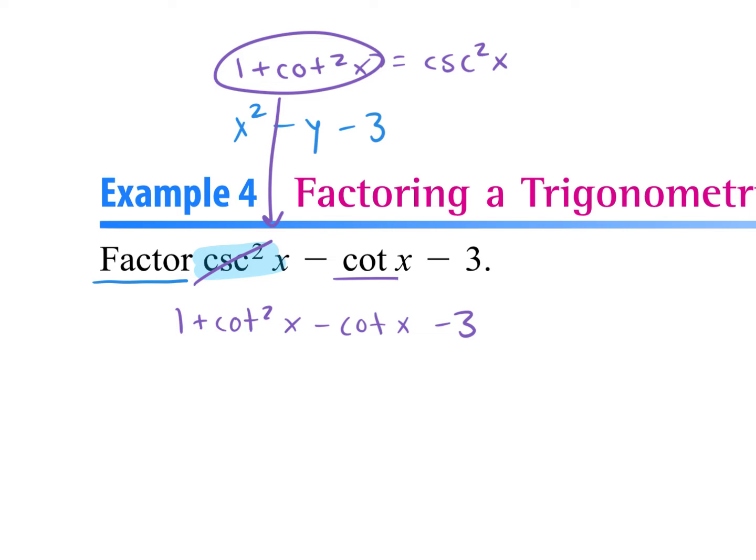What do you think I should do next? Combine the 1 and the negative 3. Perfect. I'm going to combine my like terms. So I have cotangent squared x minus cotangent minus 2.